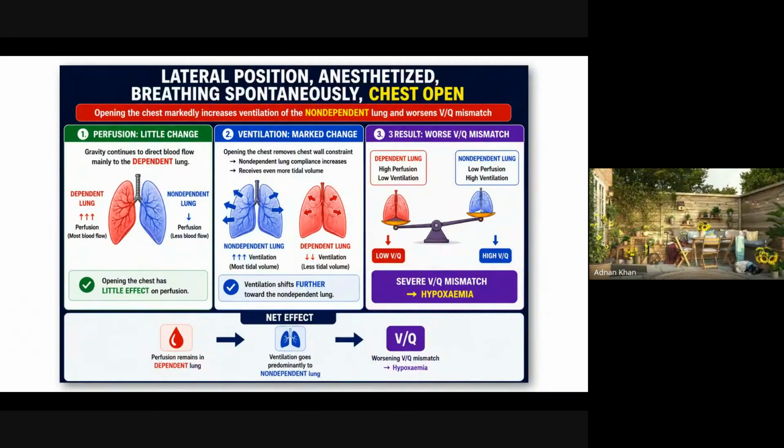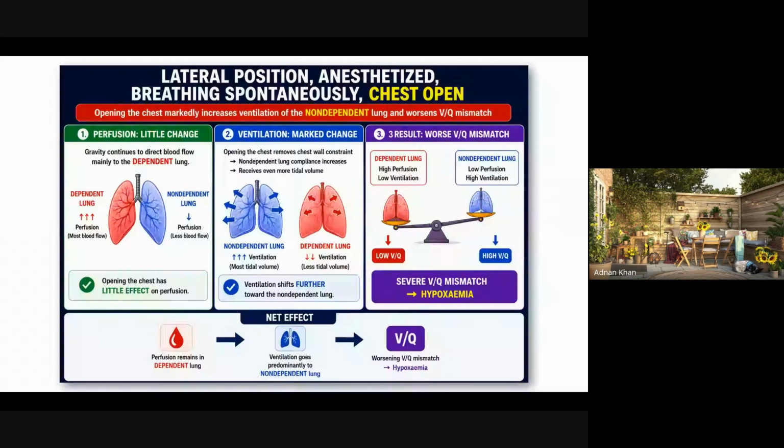Ventilation changes substantially, as in the previous slide as well, but here removal of the chest wall constraint increases the compliance of the non-dependent lung, allowing it to expand more easily and receive an even greater proportion of the tidal volume. The dependent lung remains compressed by the abdominal contents as discussed previously, and the ventilation shifts further toward the non-dependent lung, while perfusion remains concentrated in the dependent lung. Again, this worsens the ventilation perfusion mismatch and increases the risk of hypoxemia.